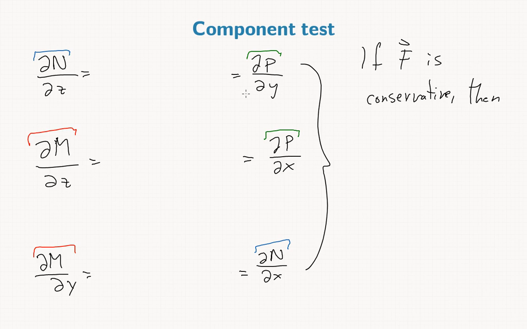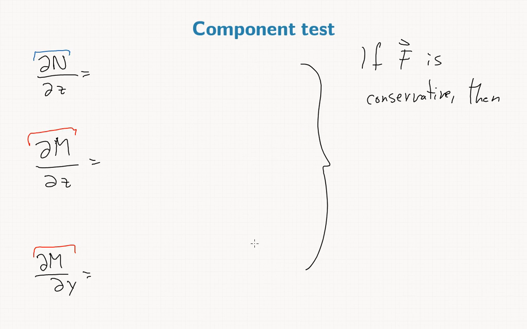So let me make a remark. I want to move these over here, so I'll rewrite these. del n by del z has to be del p by del y, del m by del z has to be del p by del x, and del n by del x has to be del m by del y.